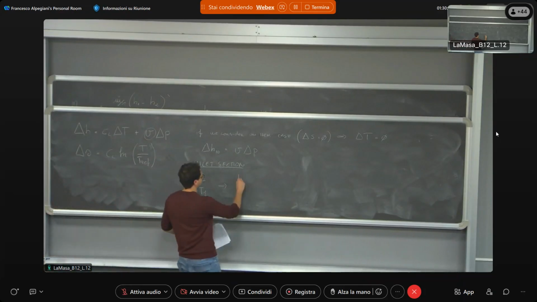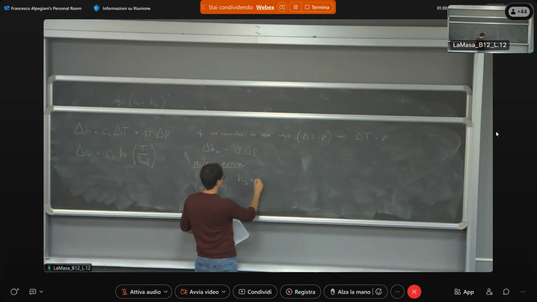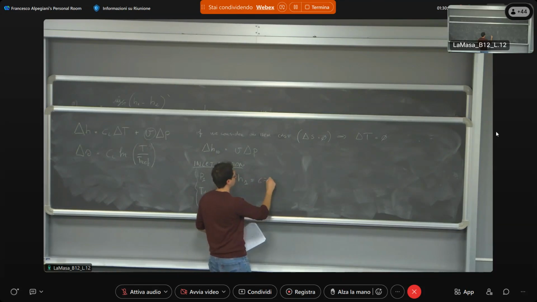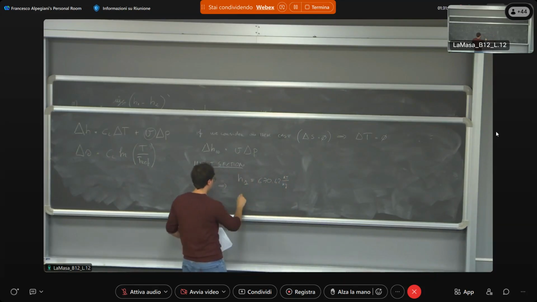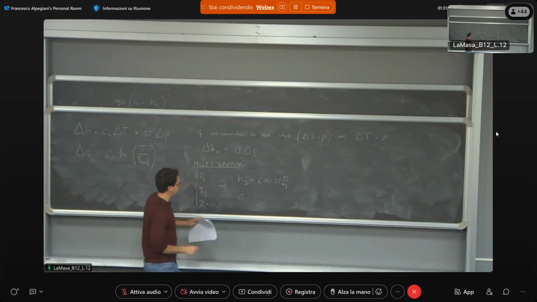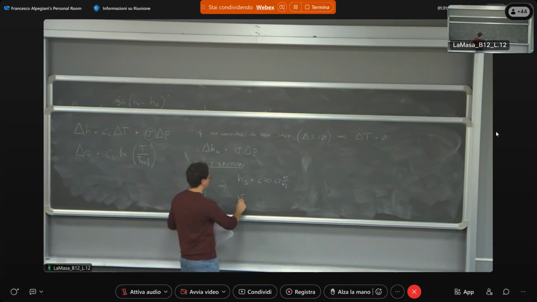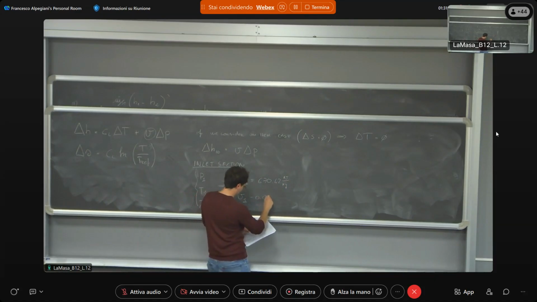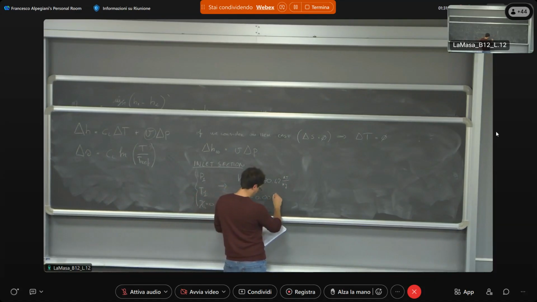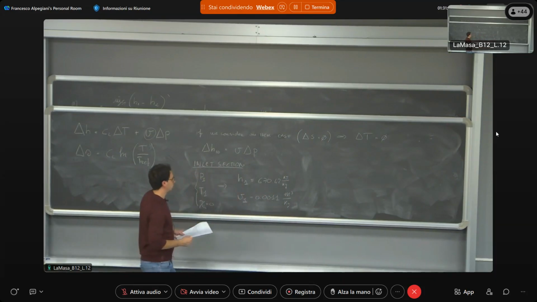So you can derive that H1 will be equal to 670.42 kilojoule per kilogram, and that the specific volume of the fluid is equal to 0.0011 cubic meter per kilogram.